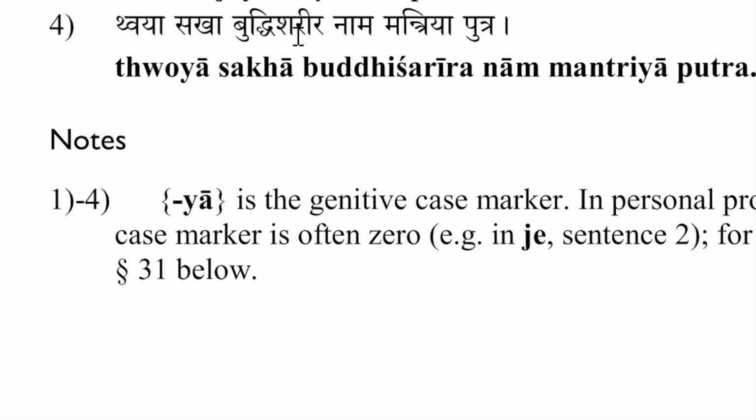And the last one, I suppose you might not know Sakha, but we also have this in Sanskrit. Sakha is friend. Anyone want to try the last one? Especially those who already have Sanskrit.